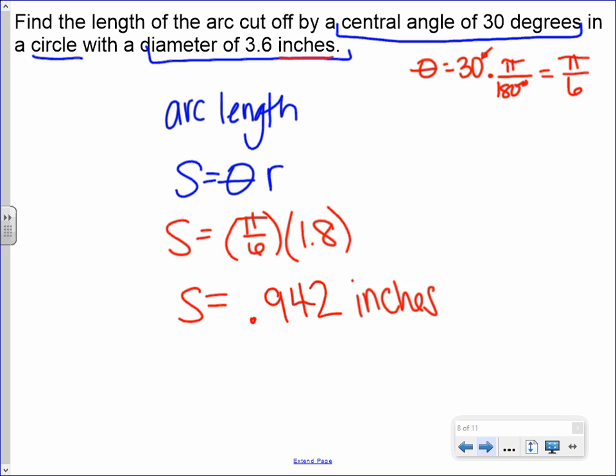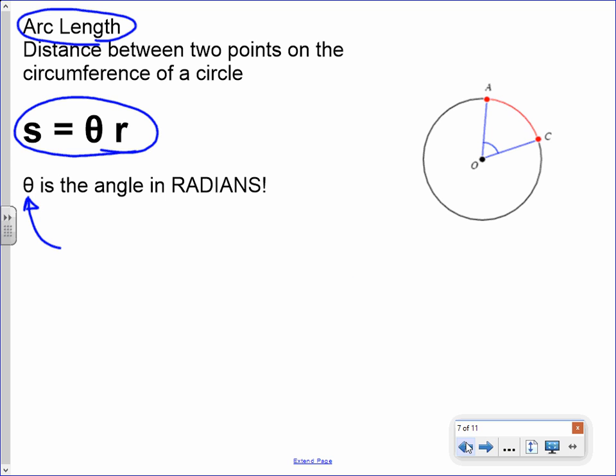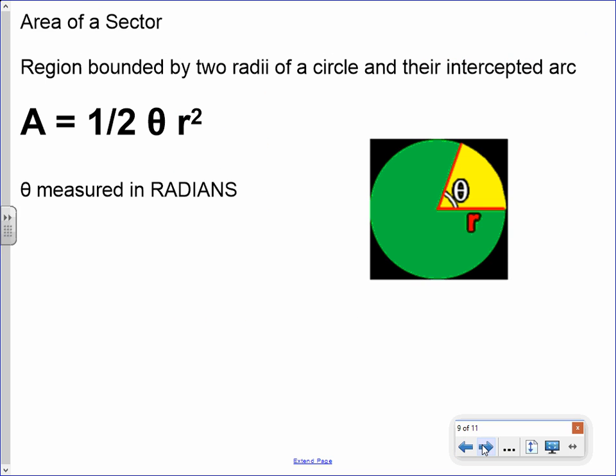All right, our last formula. Going back to what a sector is, if we want to find the area of a sector, okay, we know how to find the area of a circle, but if we want just the area of that piece of pie, then this is the formula that you would want, okay, that yellow area right there.